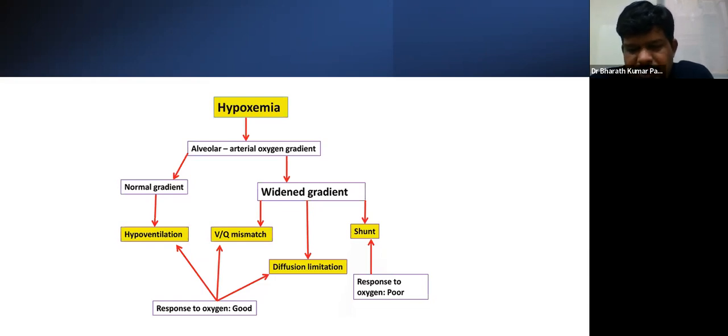Just supplementing oxygen is of no use in hypoxemia caused by shunt. Here shunt means that deoxygenated blood is going back into the systemic circulation without getting oxygenated. So you have to treat the underlying pathophysiology rather than simply providing oxygen, because simply increasing the FiO2, the concentration of oxygen we provide from outside, does not solve the problem here.